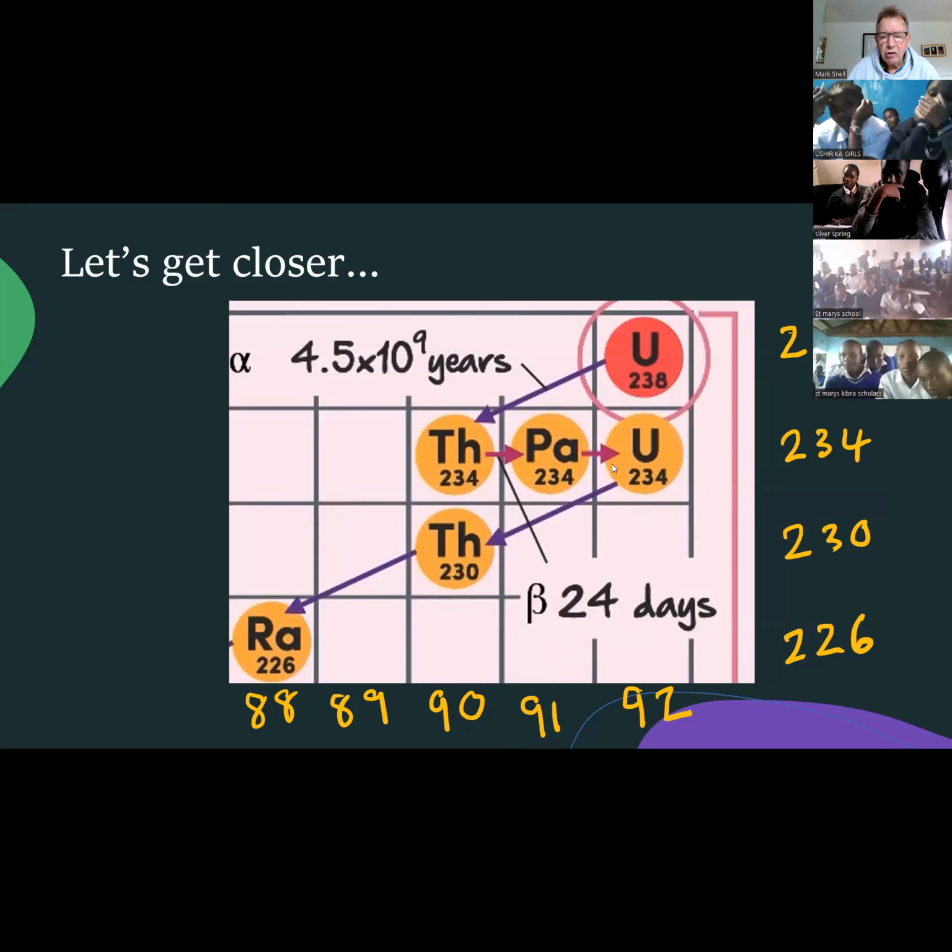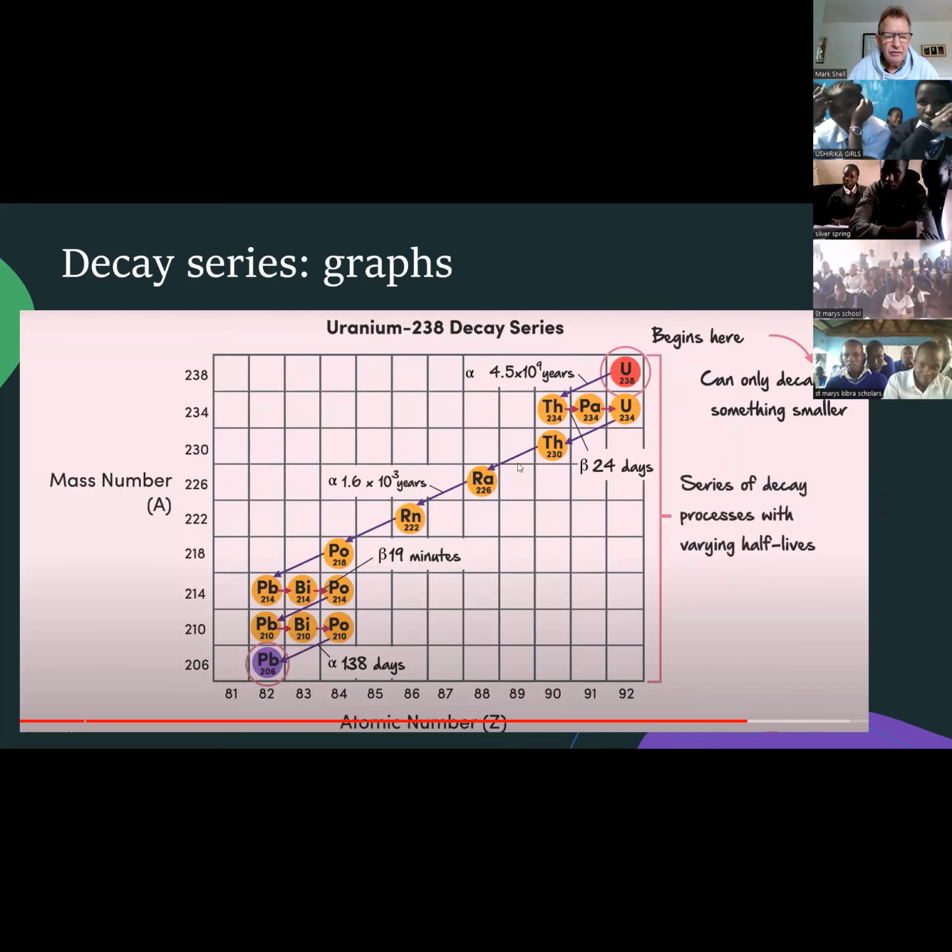So if it's going across, the mass number is not changing, but the atomic number is going up by 1 each time. That is a beta decay. So every time you get a horizontal line left to right, that's beta decay. So beta, beta.